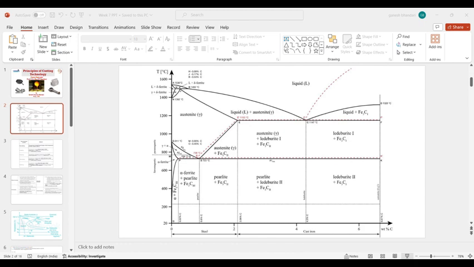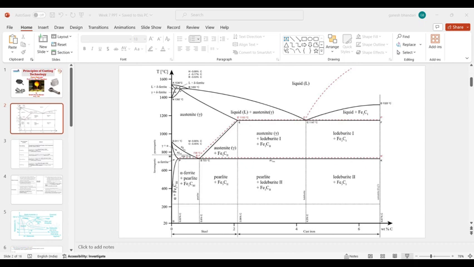Which of the following is among the principal elements in stainless steel? Sulfur and phosphorus, boron and silicon, chromium and nickel, copper and aluminium. Yes, we generally add chromium and nickel in stainless steel.